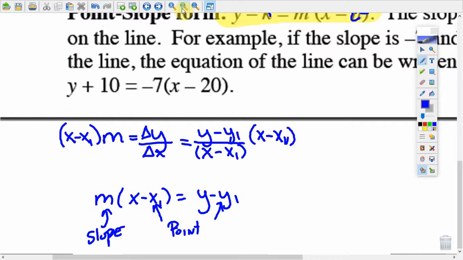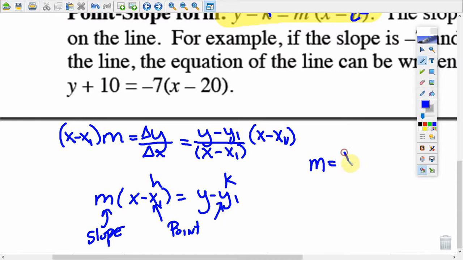It looks a little different than the one they gave you because what I have labeled as y1, they've called k, and what I have labeled as x1 they've called h, which fits up with the other mother functions a little better later on as you go through those. But really it's a rearrangement of the slope equation.